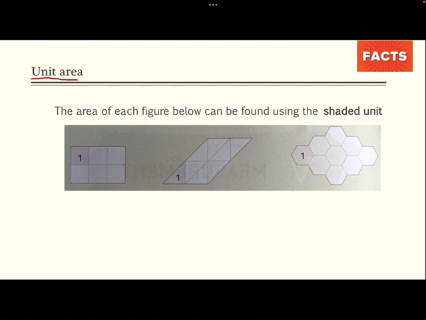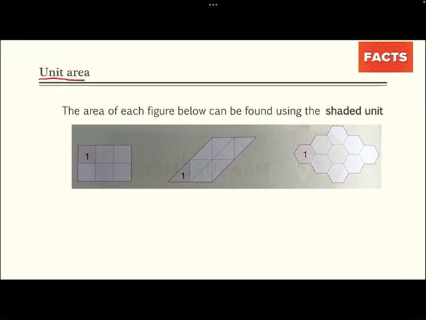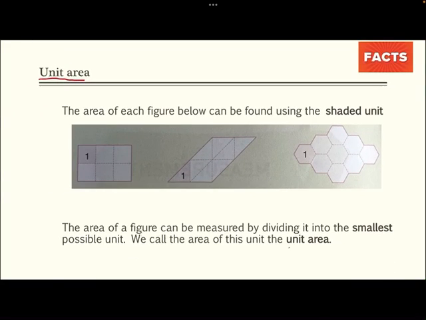The last one is the same. If we can get the area of 1 hexagon, then we can just multiply by the number of hexagons to get the whole area. So basically, that is how we use the unit area, which is the identical shapes that we can cut the shape into, and then multiply by the number to get the whole area.